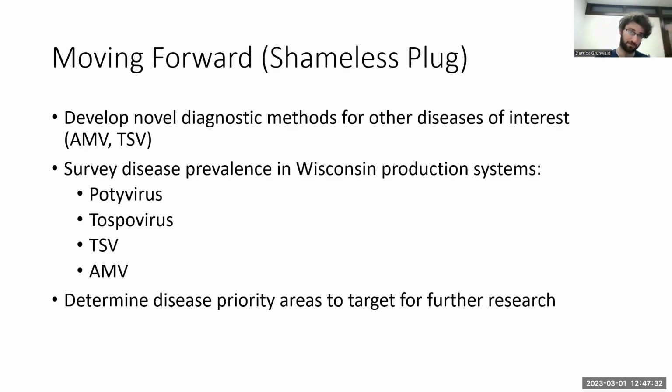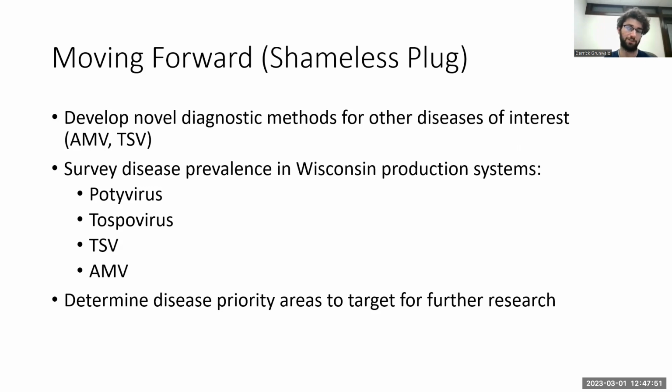Moving forward, if you have any interest or know of people who might be of help here, I'm looking to develop novel diagnostic methods for other diseases of interest. These include alfalfa mosaic virus and tobacco streak virus, so AMV and TSV.